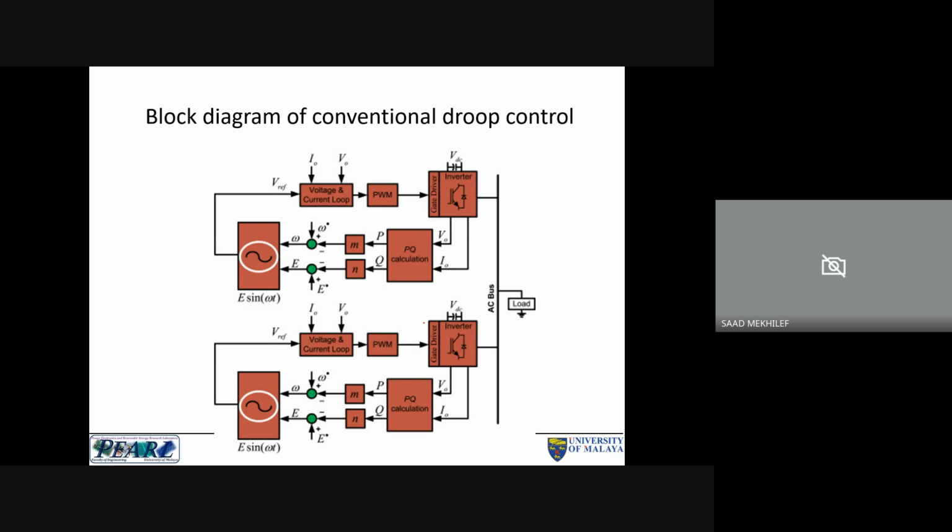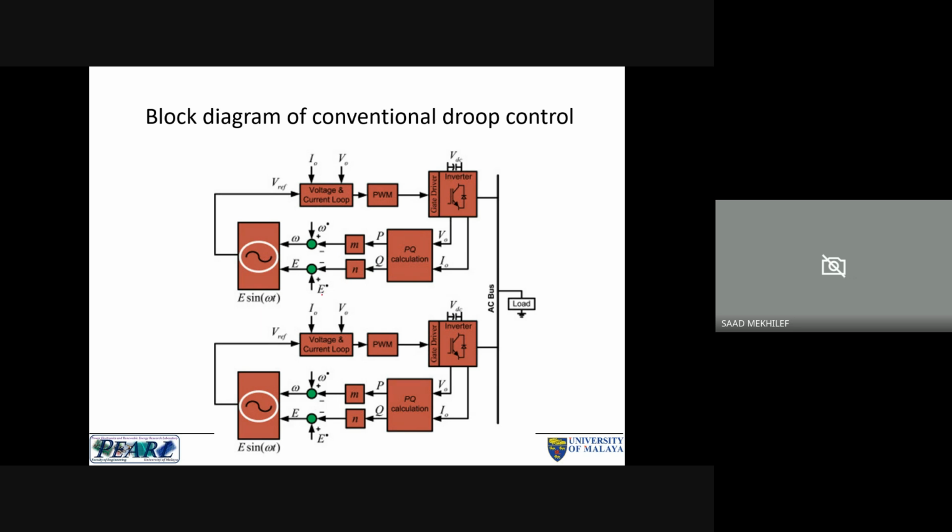What you can see here is that we have different DGs, and we measure the voltage and the frequency. Then we have the PQ calculations, and then here would be P2 minus P1 times M, which is the slope we just defined. The same thing here: Q2 minus Q1 times the constant, or the slope.